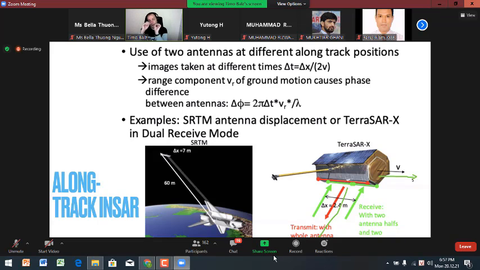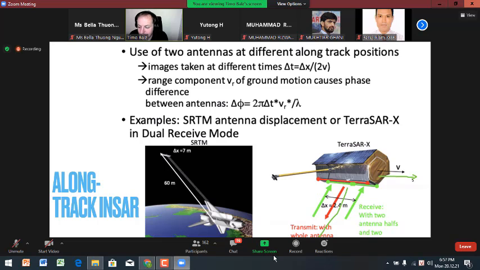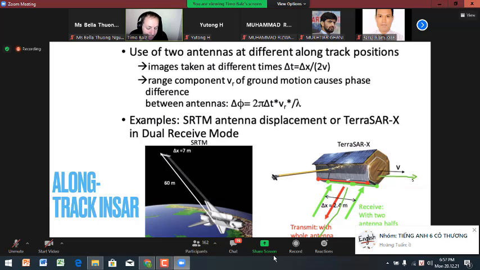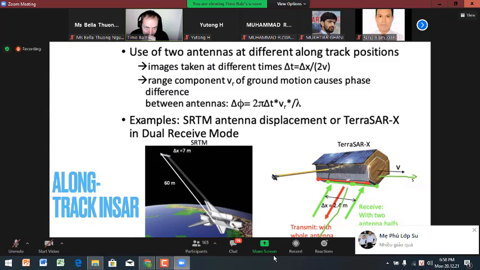So what we are measuring are these phase differences, right? Let's say we have here an X-band system, so our wavelength is 3.1 centimeter. In InSAR, a full phase cycle is half the wavelength, so something like 1.5 centimeter.